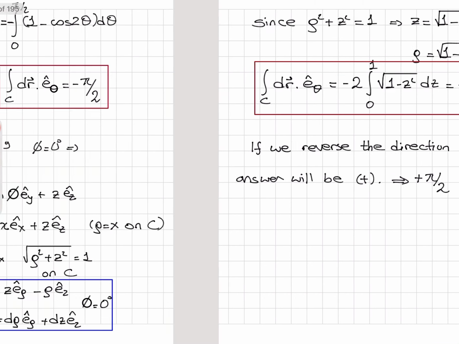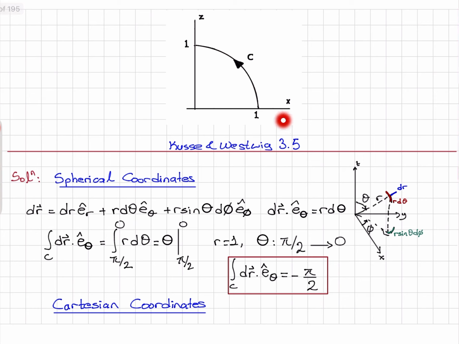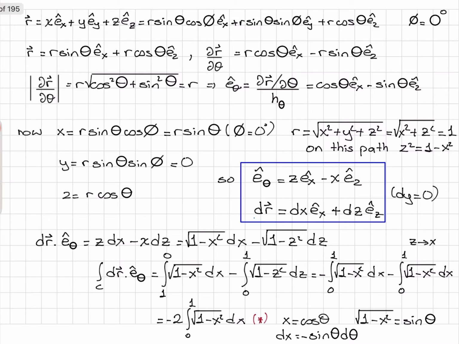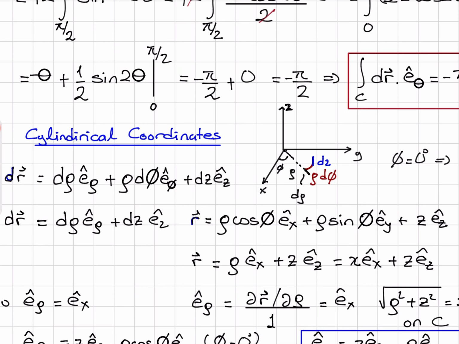Okay, so in this part we have talked about doing the same integral dr dot e theta hat on this contour on the xz plane going from x equals 1 to z equals 1 on this unit circle. First, I have written the position vector ρ cosine φ ex hat plus ρ sine φ ey hat plus z ez hat.